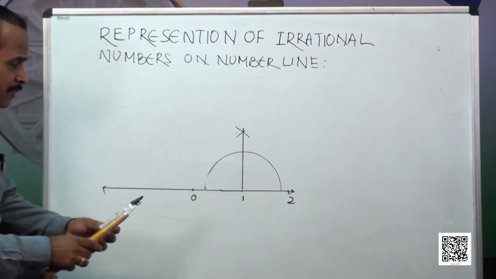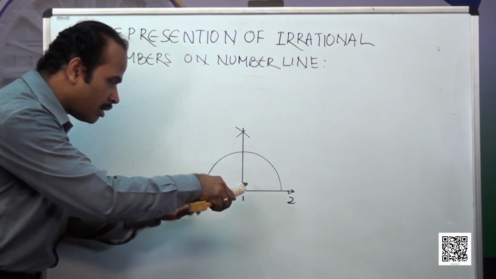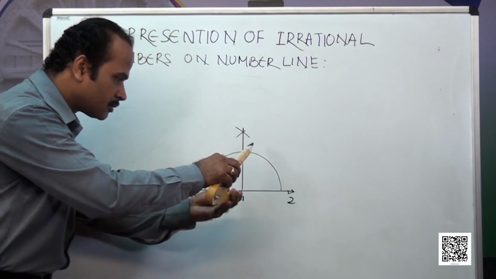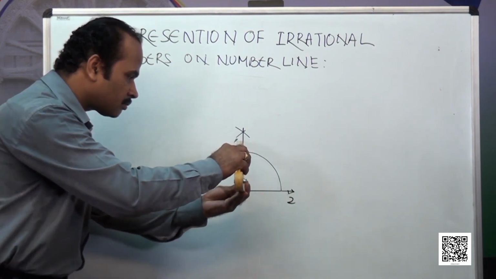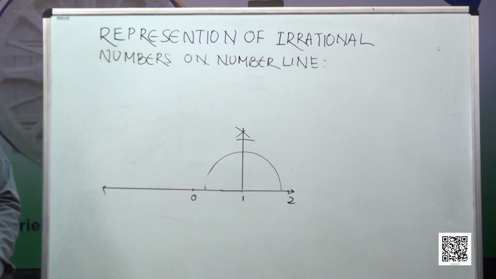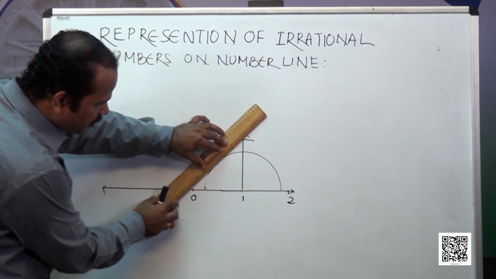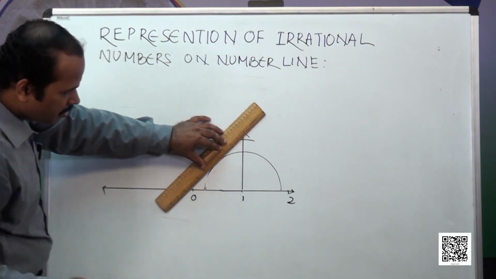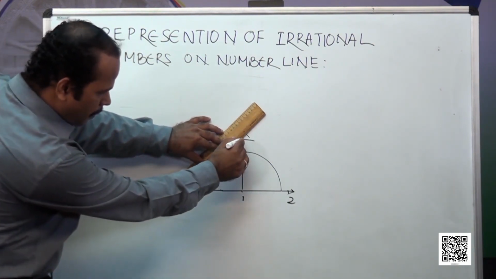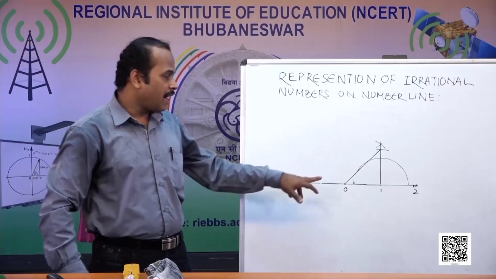Now as I have taken 0 to 1 as 1 unit, I have to again select this 1 unit here. Let me select 1 unit here. Now this is my 1 unit. Let me join this point 0 to this point. Okay, so now I have constructed a line.